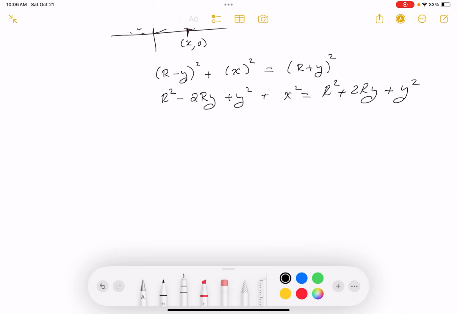I'm not going to say it's obvious what it is, but I'm going to subtract r squared from both sides. That disappears. I'm going to subtract y squared from both sides. They disappear. And then I'm going to say x squared. Right, I see that on the left side, by the way. And I'm going to add this to both sides. And what would you get? You get 4ry. And what do I notice about this guy over here? It's a parabola.